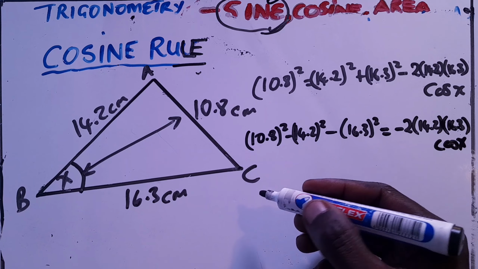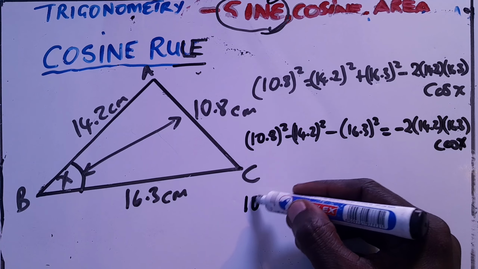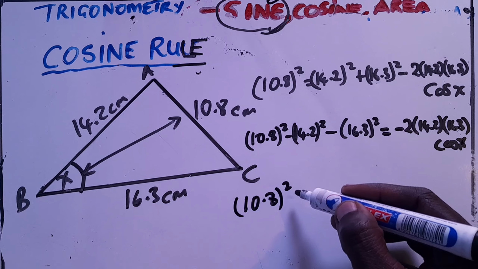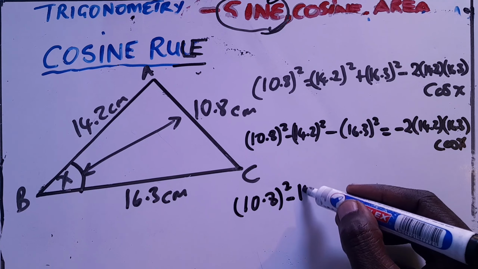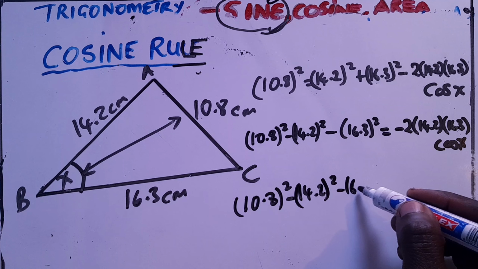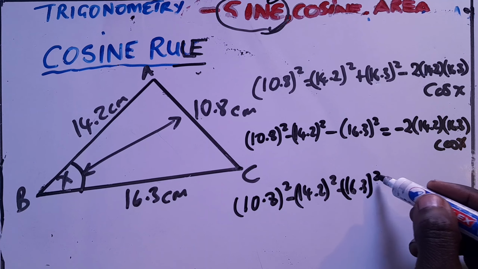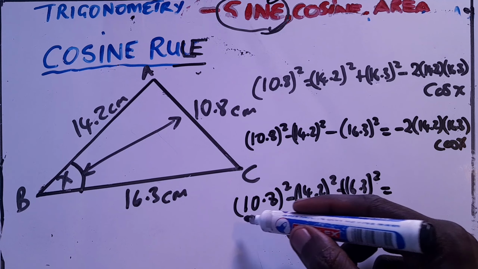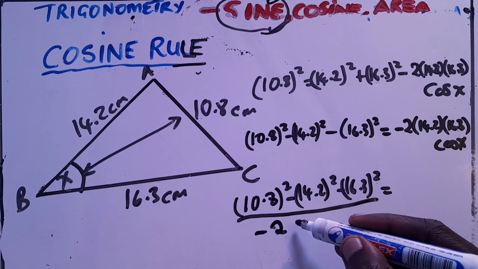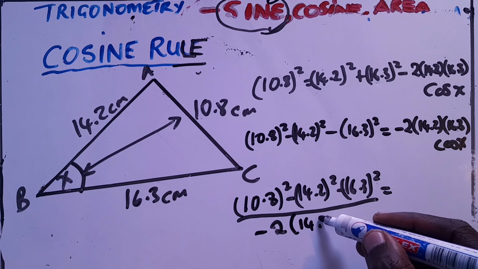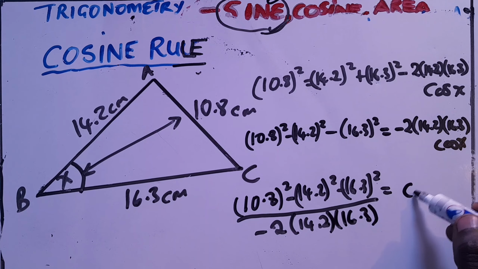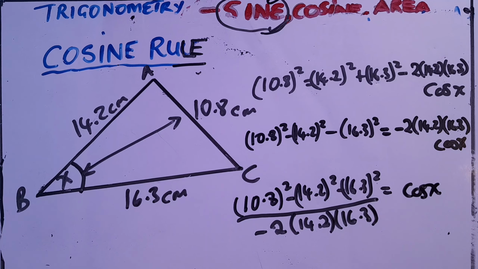And again, after simplifying everything, we can see that 10.8 squared minus 14.2 squared minus 16.3 squared, all over negative 2 times 14.2 times 16.3, will be equal to cos of x.